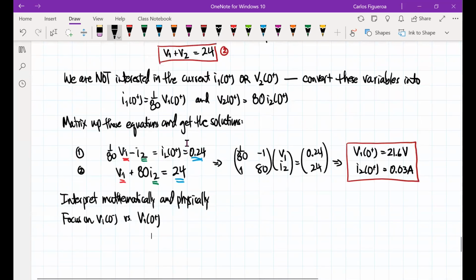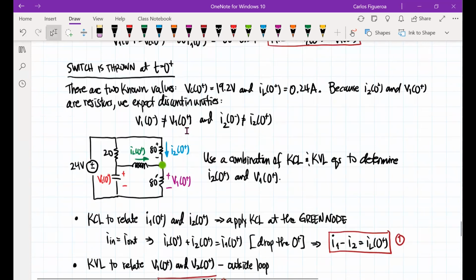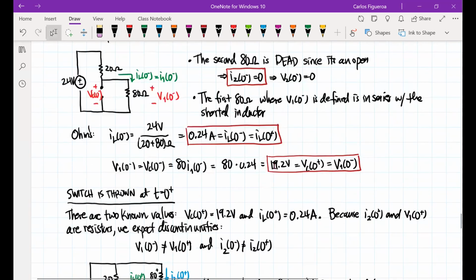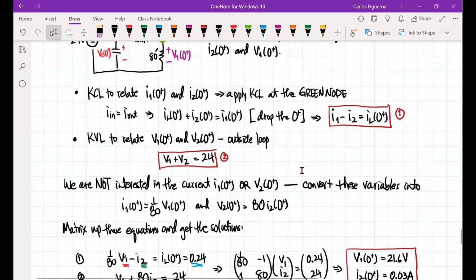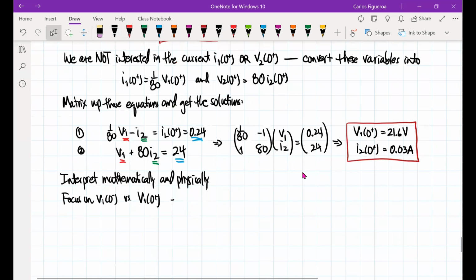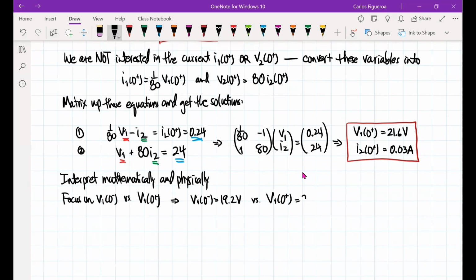Note that we computed V1 of 0 minus up here, and that was 19.2 volts. So I'm seeing that V1 of 0 minus was 19.2 volts versus V1 of 0 plus, I'm getting 21.6 volts.